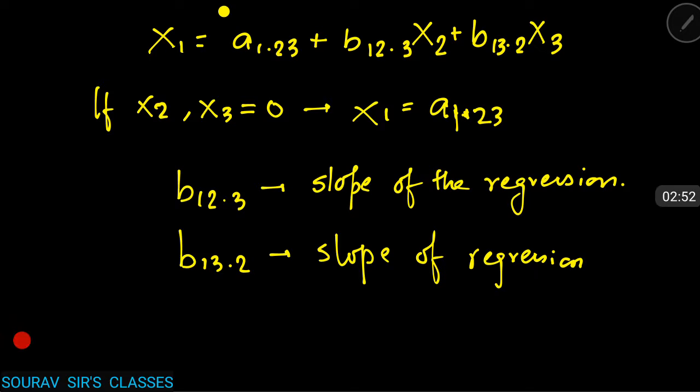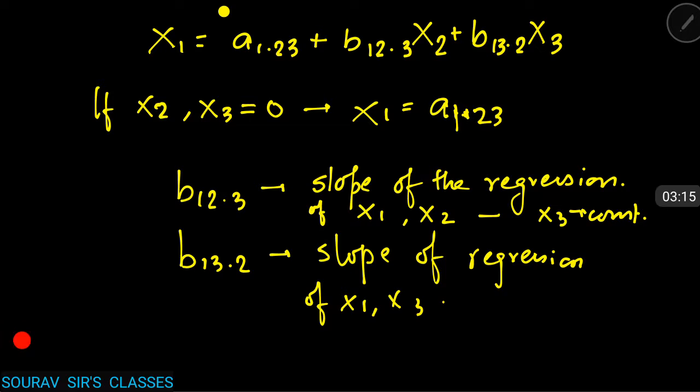I repeat, b 12.3 is the slope of regression line of x1 and x2 where x3 is constant, and b 13.2 is the slope of regression of x1 and x3 with x2 held constant.